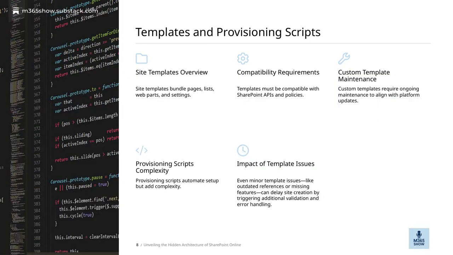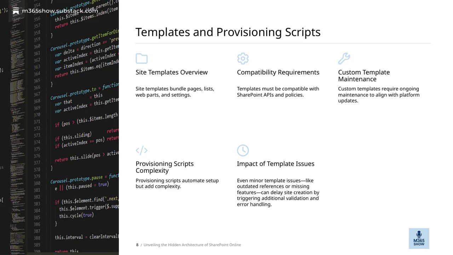Now, let's talk about templates and provisioning scripts in SharePoint Online. Even small issues with templates, like referencing outdated information or missing features, can cause delays in site creation. This happens because SharePoint needs to perform extra validation and error handling to ensure everything is correct.